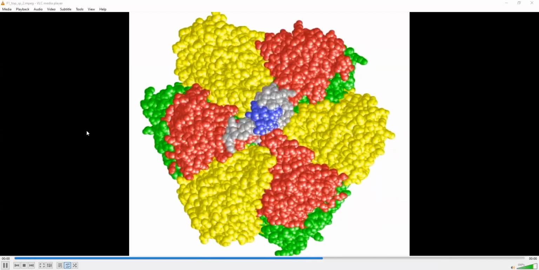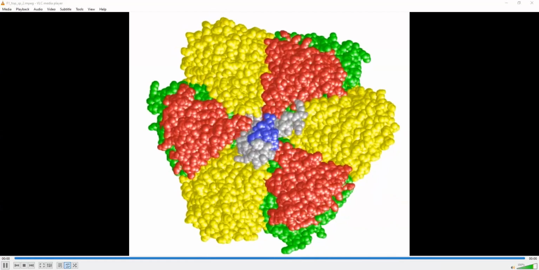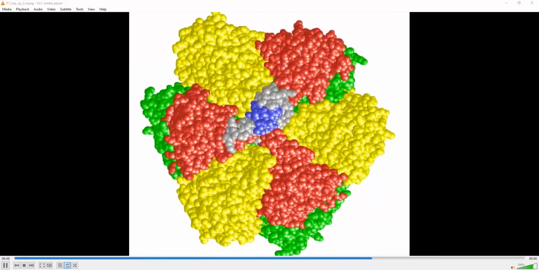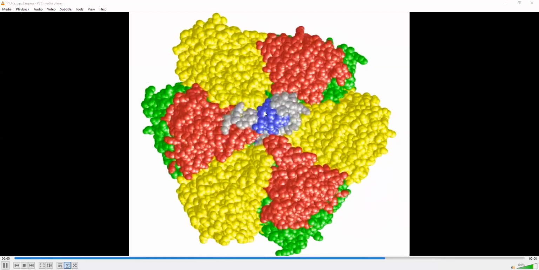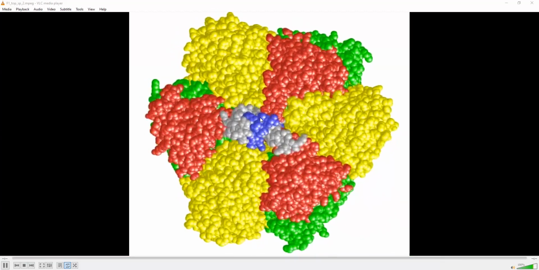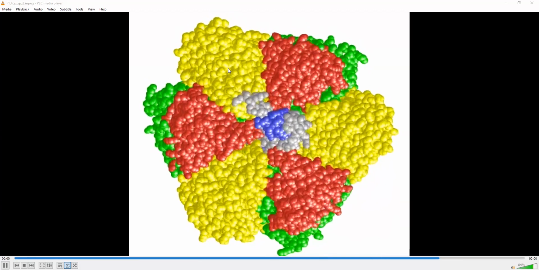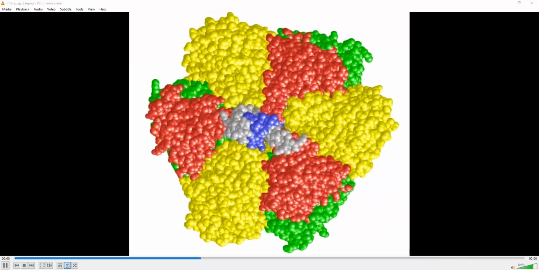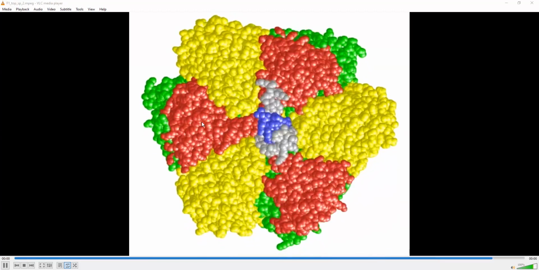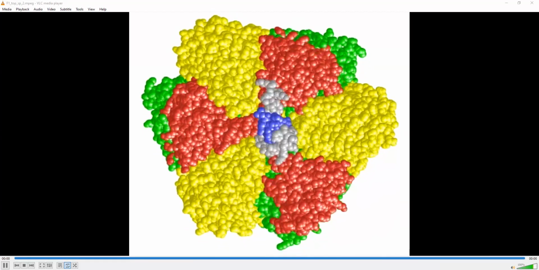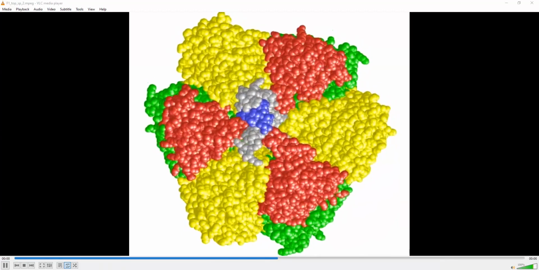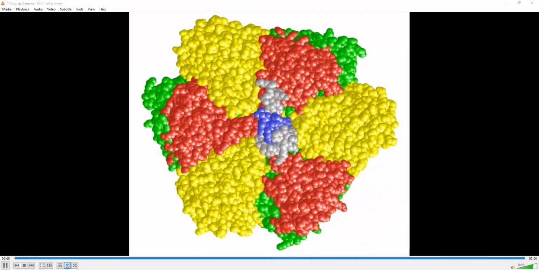Yeah. So this is looking down at the bottom of that F0. In the middle, this thing right here is that sort of drive shaft. And then these yellow things are the beta, and the red things are the alpha subunits. And the green things are actually representing ADP.